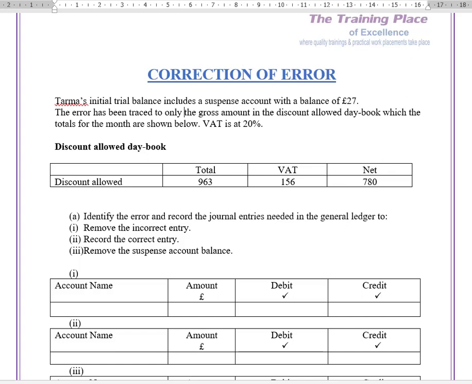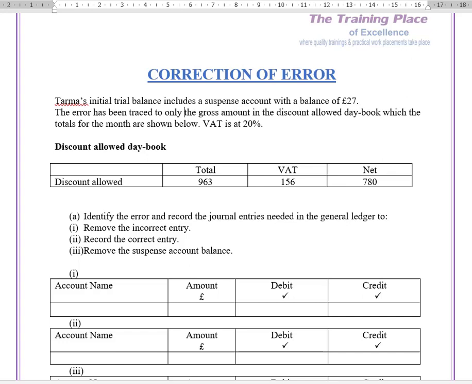But because that error has not affected double entry, you have complied with double entry, then you will not have any business with the suspense account. The suspense account will be clean. It won't have any transaction in it. So do bear in mind, when you have not complied with double entry, there will be a posting in the suspense account automatically. Let's look at this exercise.